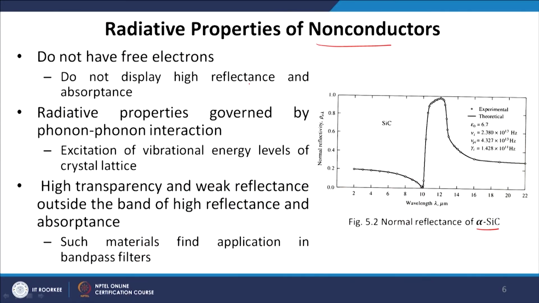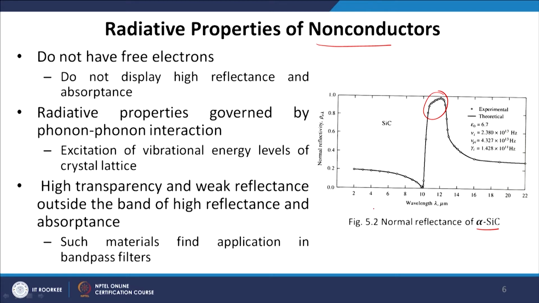For example, in this figure you see strong reflectivity and strong absorption in the wavelength region between 10 and 12 microns. This material will strongly reflect as well as strongly absorb only within this small region, called a band. So, they have what we call absorption bands or reflection bands.